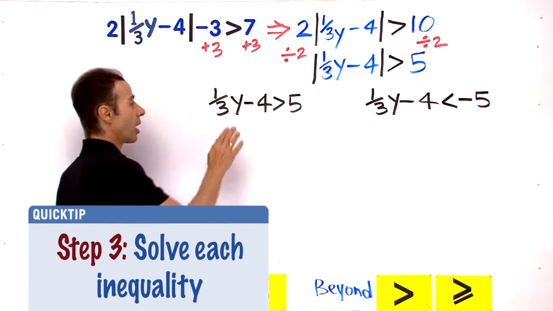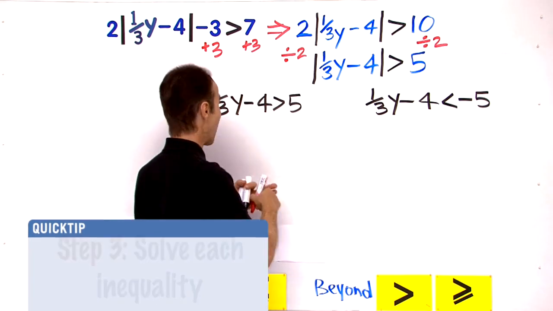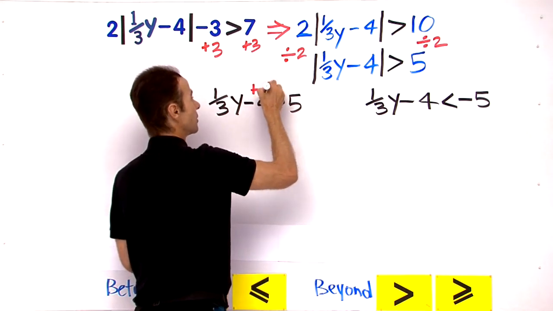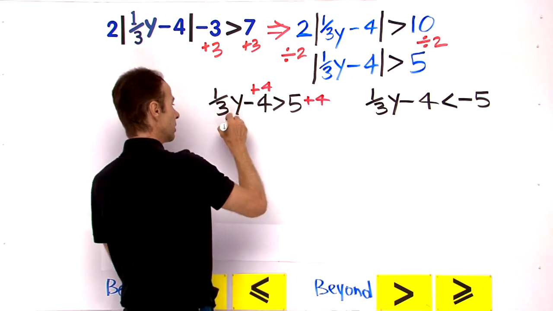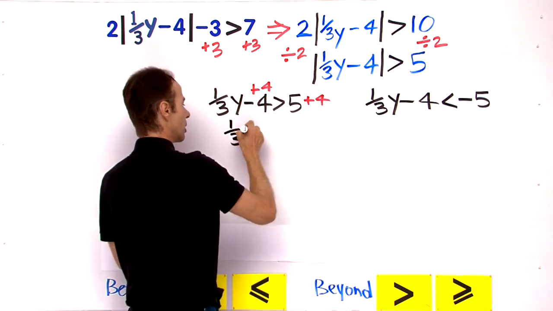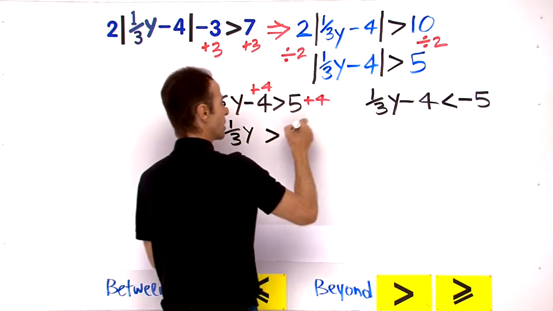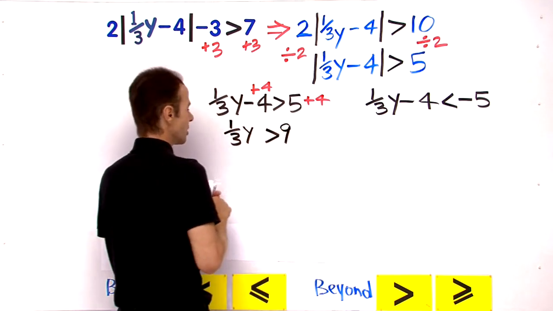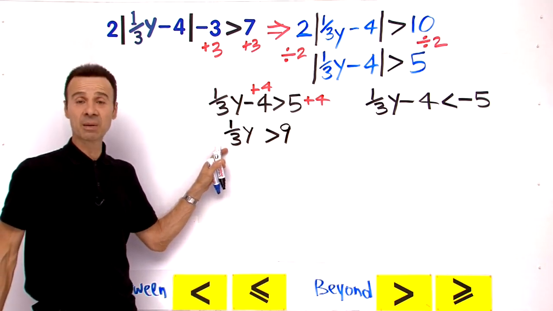We want to get the y home alone and isolated. So the first thing I want to do is eliminate the 4. So we're going to add 4 to both sides. Plus 4, plus 4. So that's going to yield 1/3 y, and that's greater than. The 4s eliminate. 5 plus 4 is 9. So we want to get the y by itself. Eliminate the third by multiplying by 3.